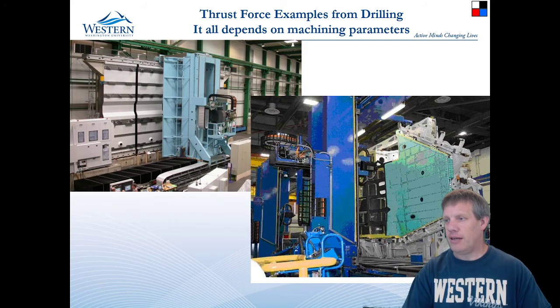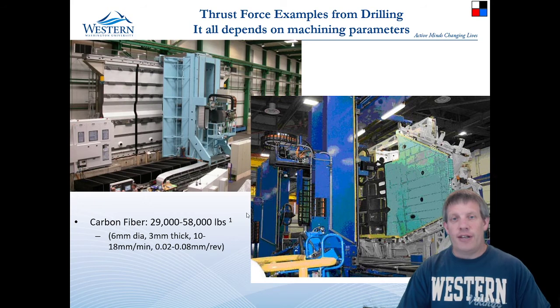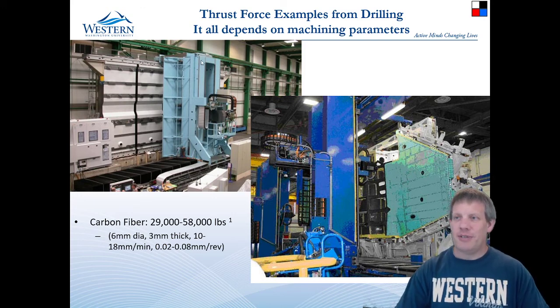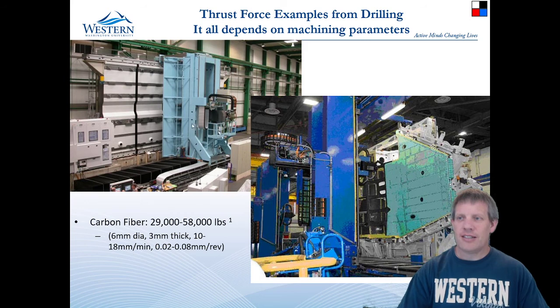There's a wing panel in one of these types of machines waiting to be drilled. Look at these numbers. If it is carbon fiber that you're drilling with a titanium subframe, the drilling force can easily be 29,000 to 58,000 pounds. Yeah, and you can tell that that's going to be true because look at the size of this part of the machine that is holding up the spindle.